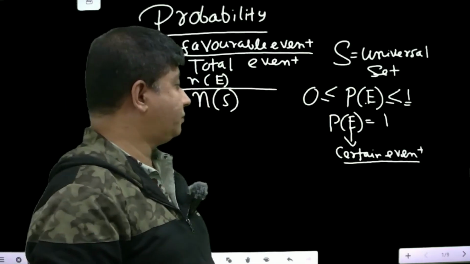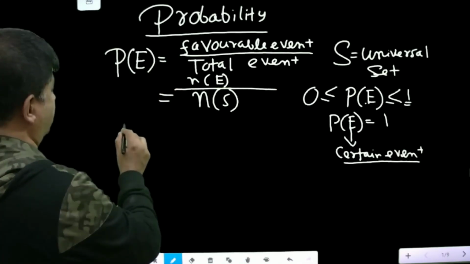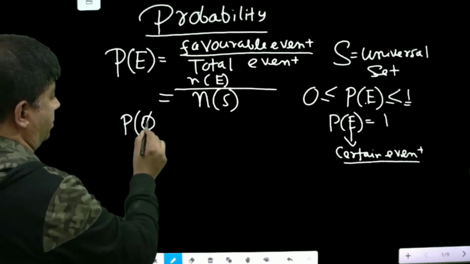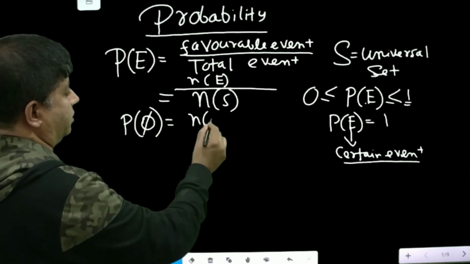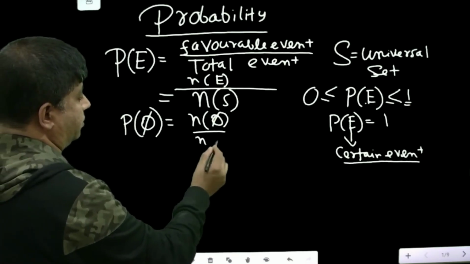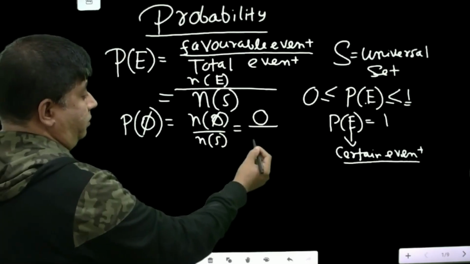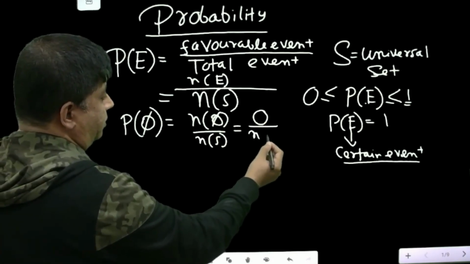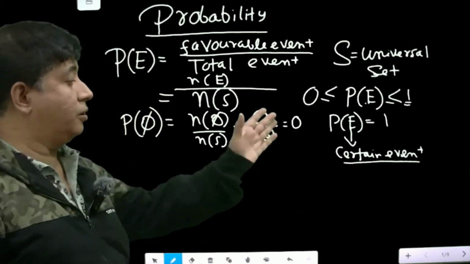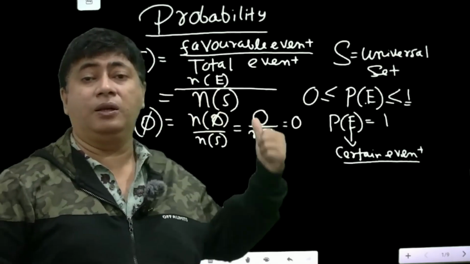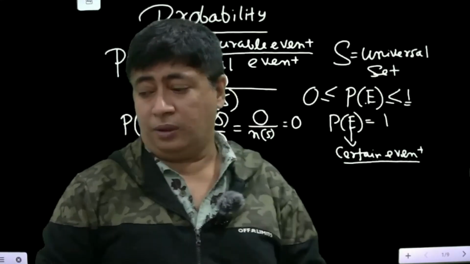Suppose you get the probability of the null set: the cardinal number of the null set is 0, so the probability is 0. So probability cannot cross 1, and cannot come below 0. So it always lies between 0 and 1.